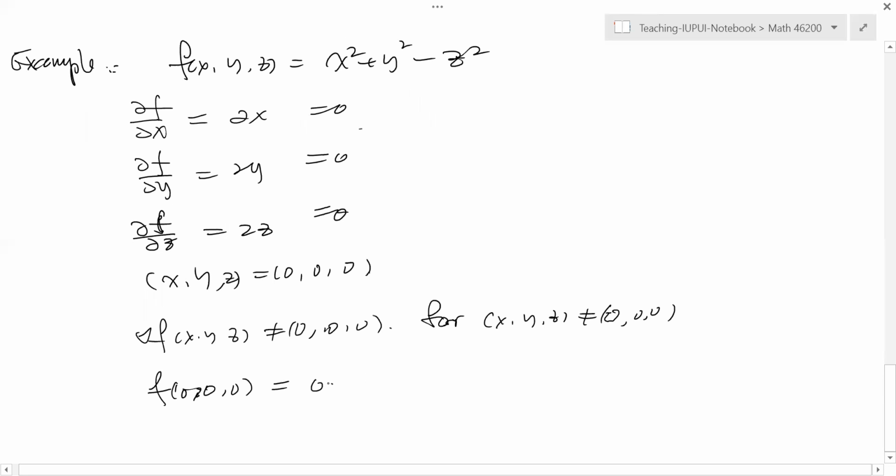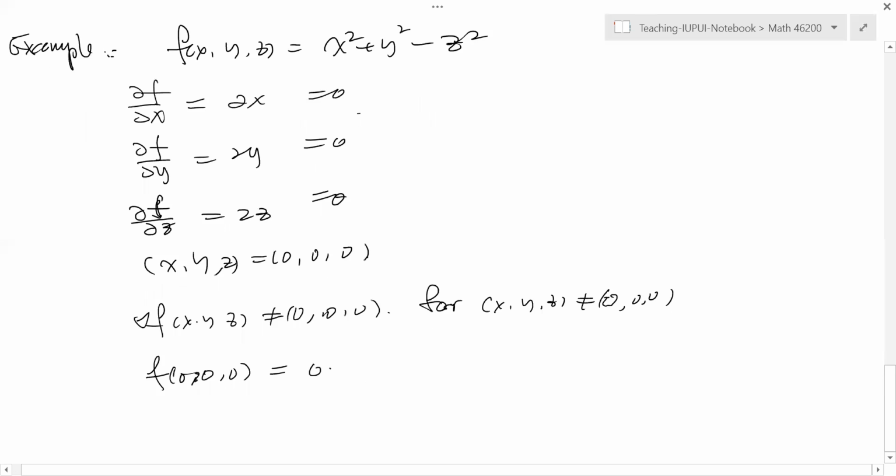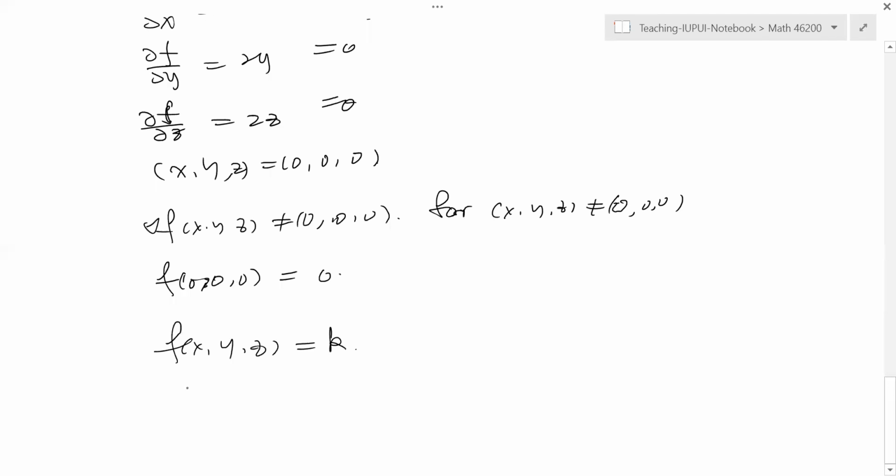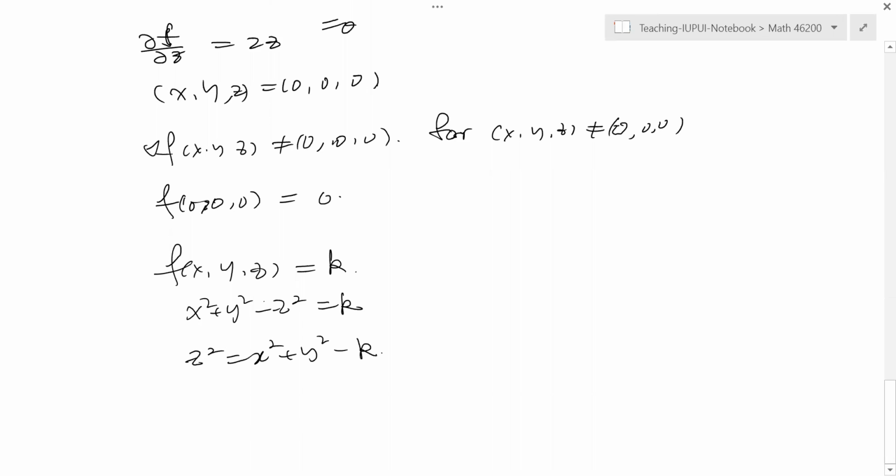Now let's consider this equation, x squared plus y squared minus z squared equals k. So z squared equals x squared plus y squared minus k. When is this going to have a solution?